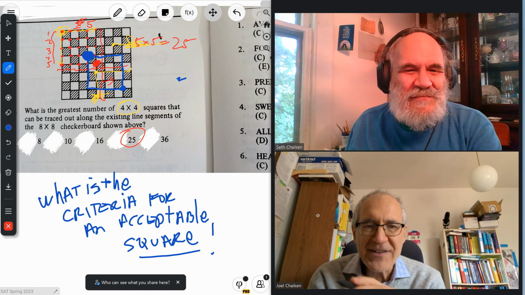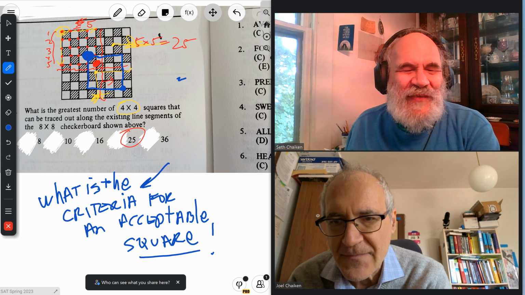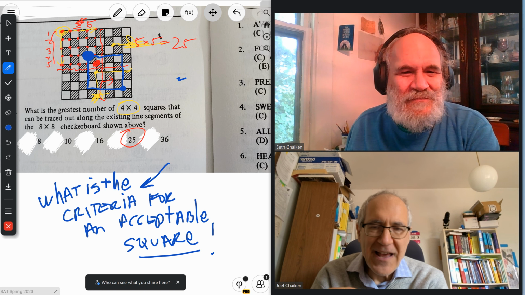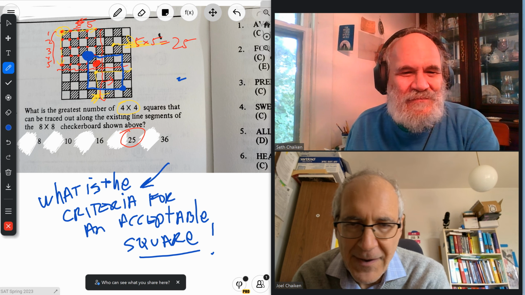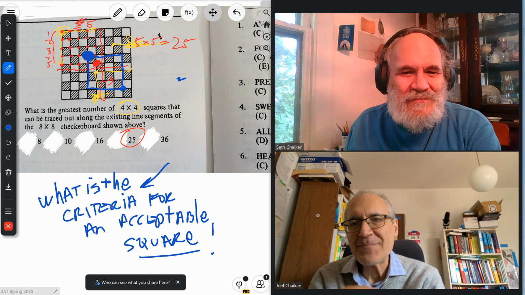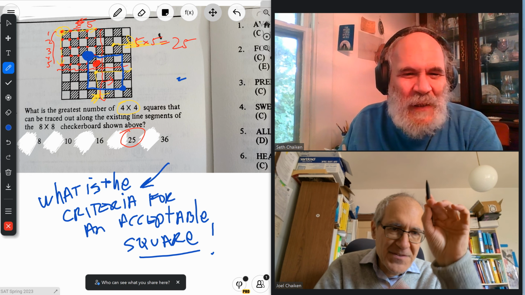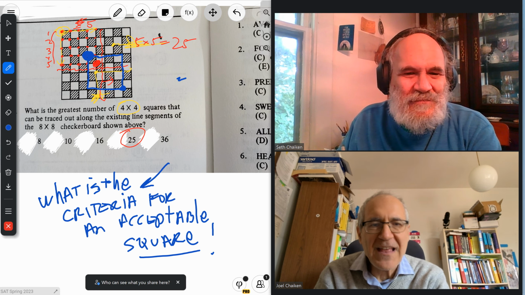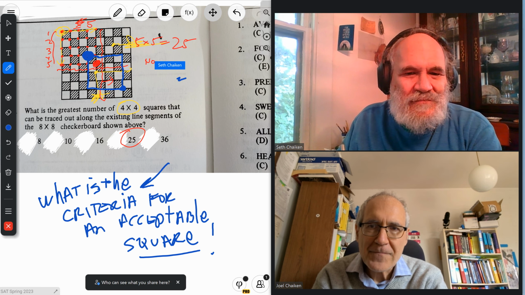That's the key. Once you realize that the upper left has to be in a position where it can allow enough space to go both ways, then boom, the problem just falls right out.